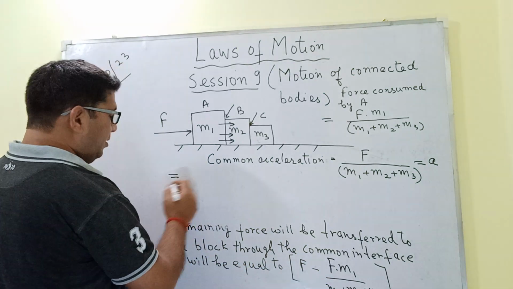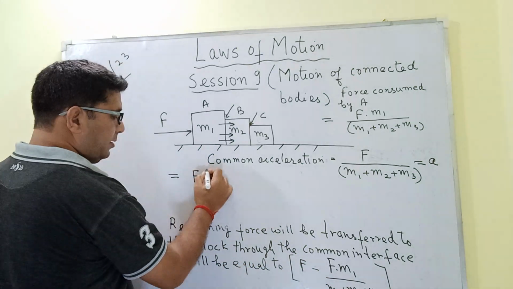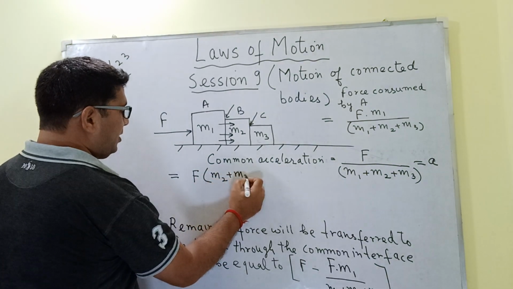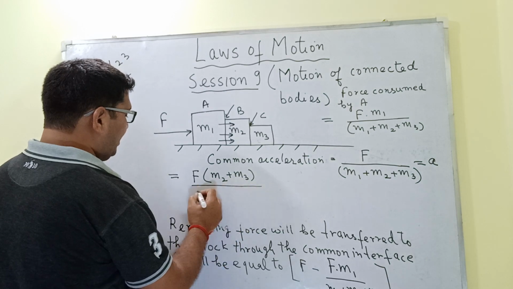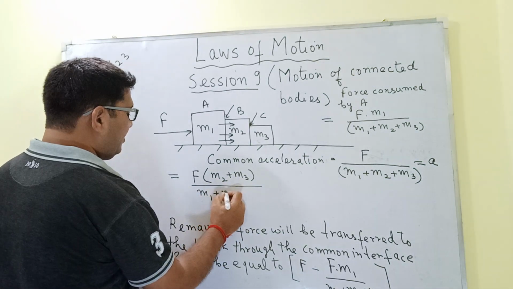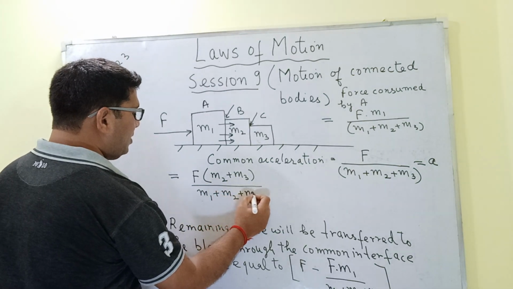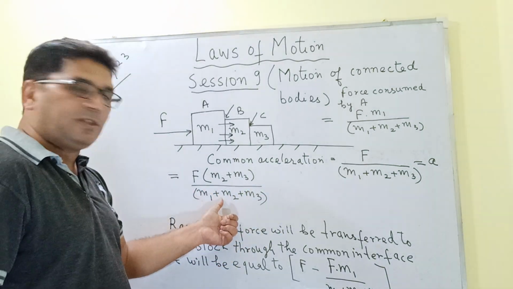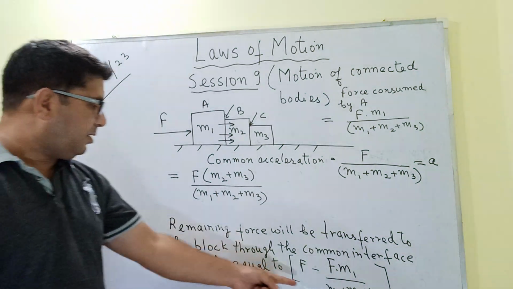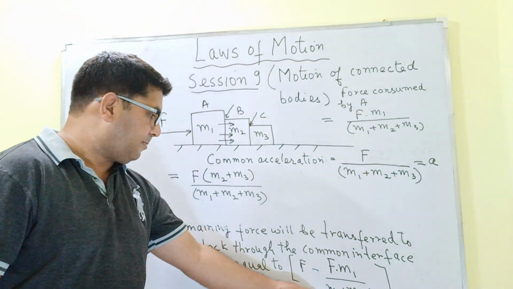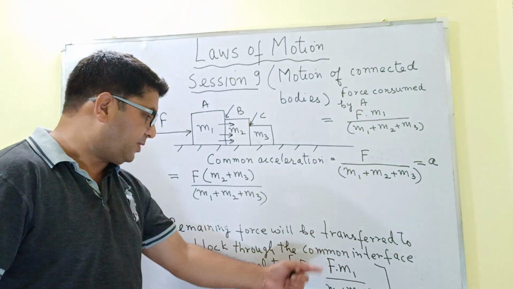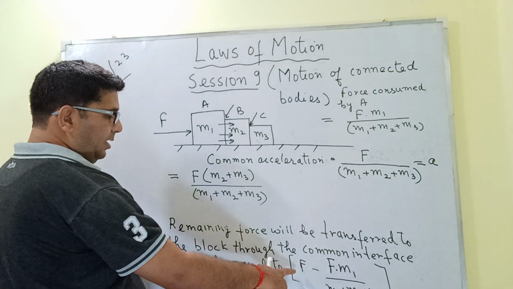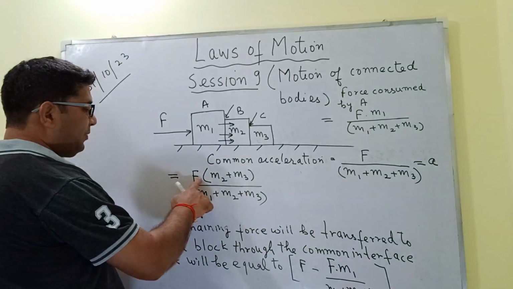So it will be F into m2 plus m3 divided by m1 plus m2 plus m3. ठीक है. I got this value from this equation. So ये आपका हो जाएगा F m2 plus F m3.